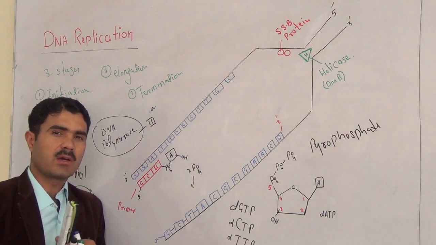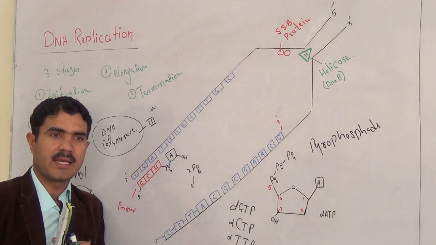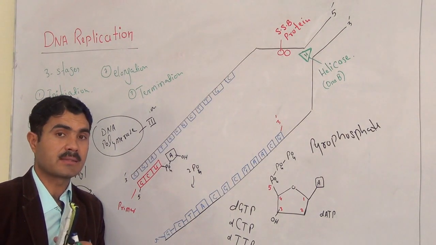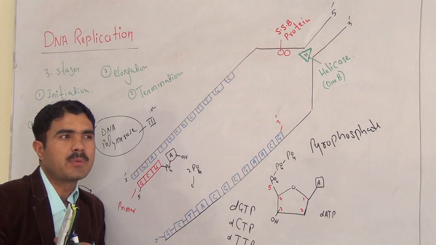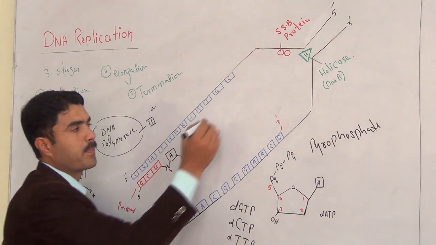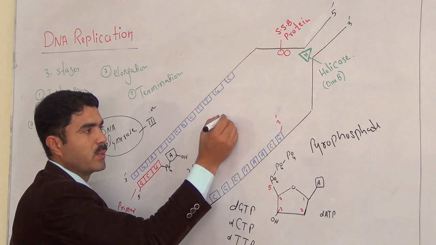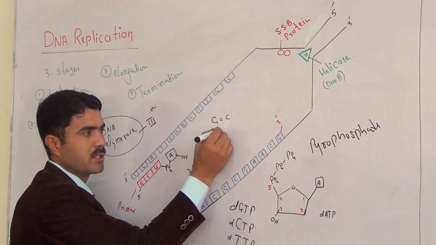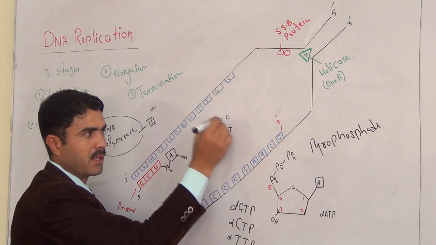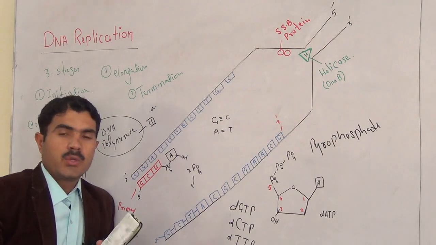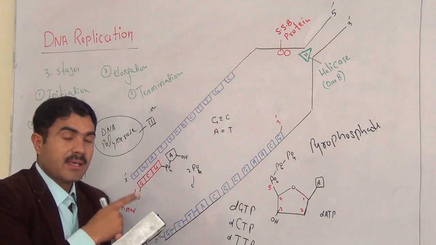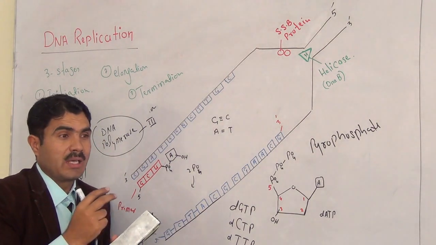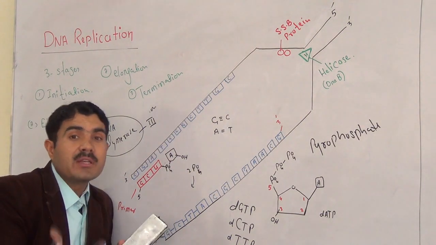And dear students, I have a very important special answer for this. Many students ask, sir, why is guanine always paired with cytosine and adenine always paired with thymine? You know that everything is done here by the DNA polymerase. So the answer behind this is the geometry.